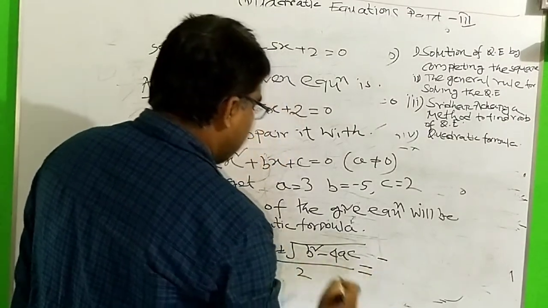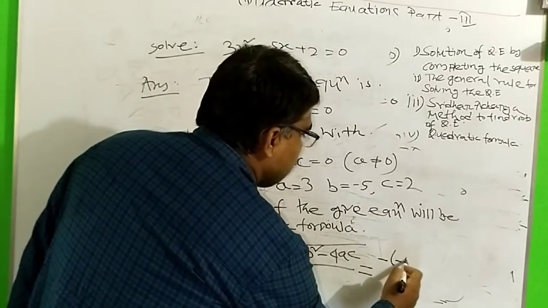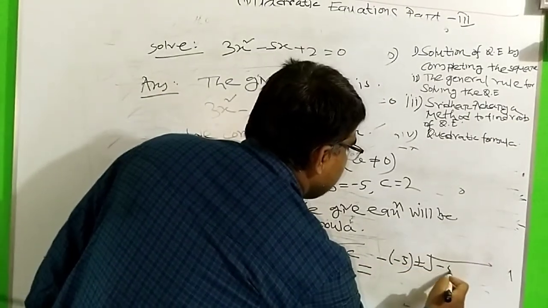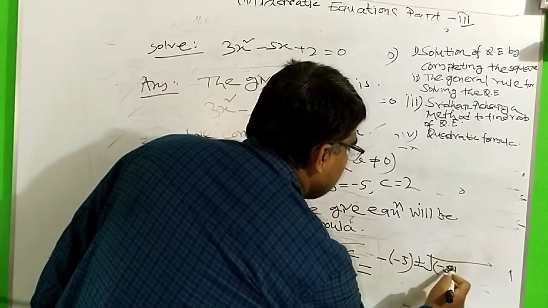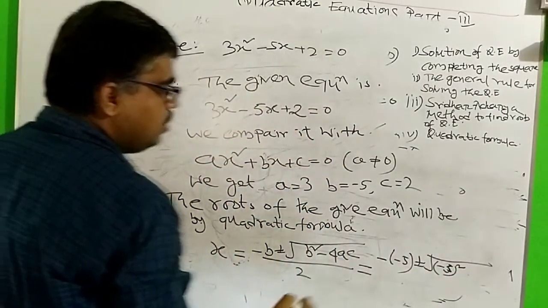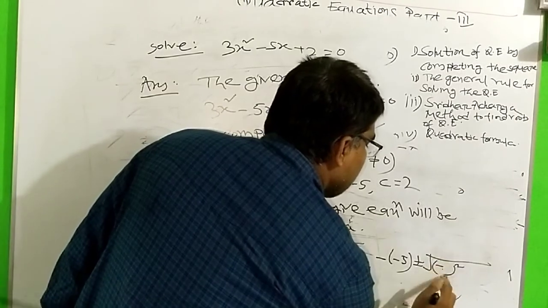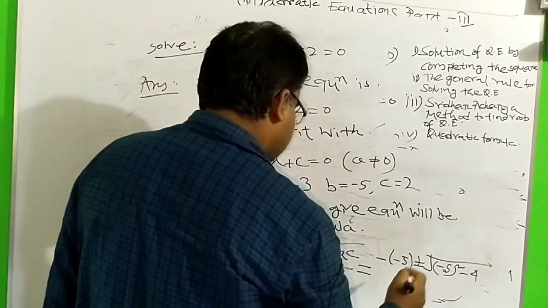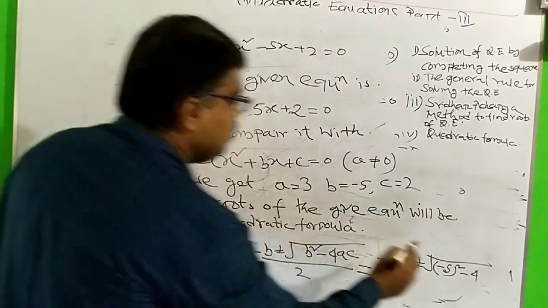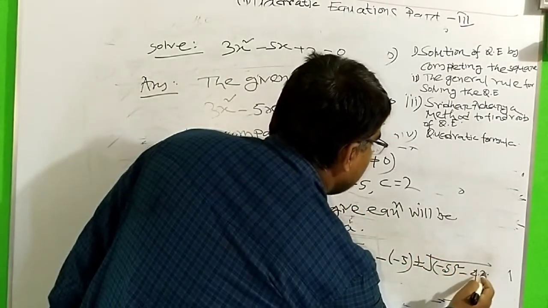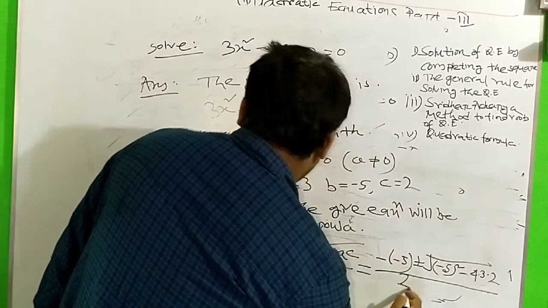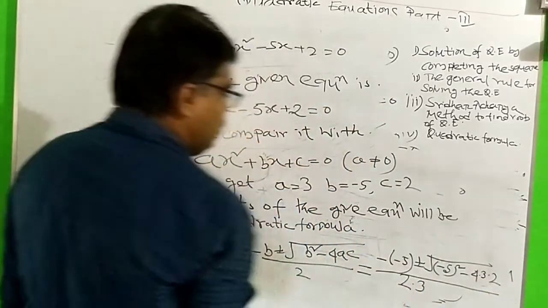This implies x equals minus b plus minus root over b square minus 4ac by 2a, which is minus 5 plus minus root over minus 5 whole square minus 4 into 3 into 2, by 2 into 3.